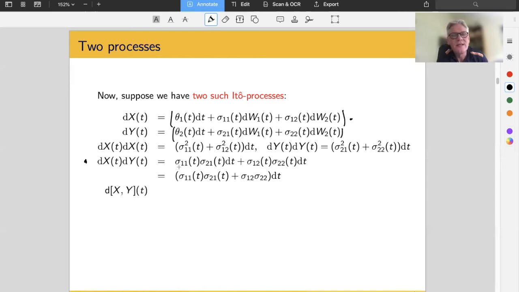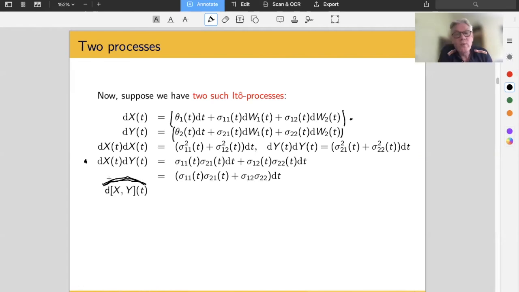So it will be sigma_11(t) sigma_21(t) dt, plus sigma_12(t) times sigma_22(t) dt. And we can take the dt out and get sigma_11(t) times sigma_21(t) plus sigma_12(t) times sigma_22(t), dt. And that is, of course, the cross variation.